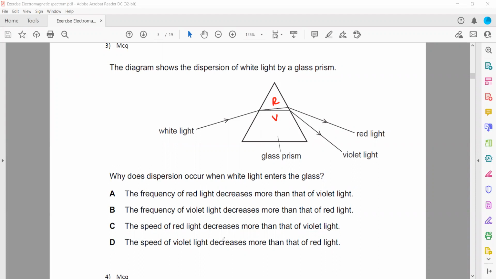So the speed of violet and red both decrease, and the speed of the violet decreases more than the red. So all the waves are not traveling at the same speed in the glass. That's why the violet bends the most and red bends the least. So due to the change in speed, there's a greater change in speed for violet as compared to that of red.